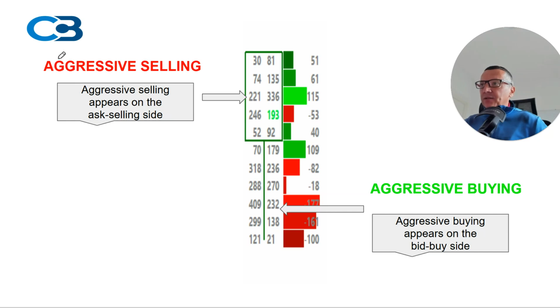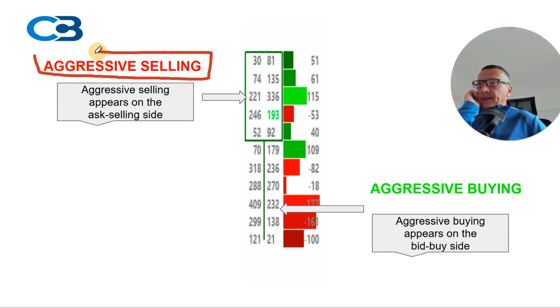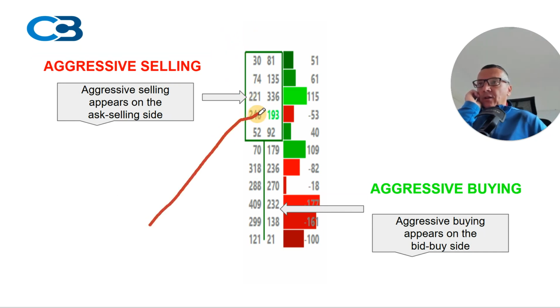So aggressive sellers, let me just change my pen. So aggressive sellers in this instance show on this side of the footprint. So this is the sell side. So this appears what we call the ask side. Okay?